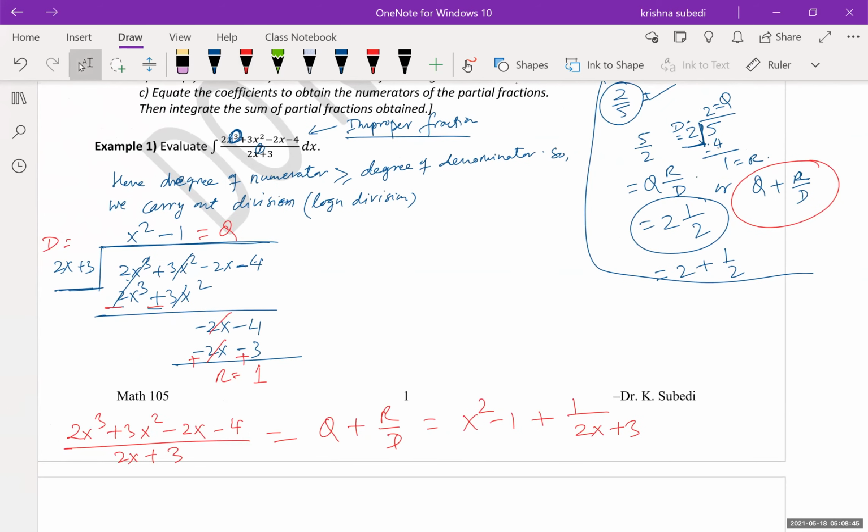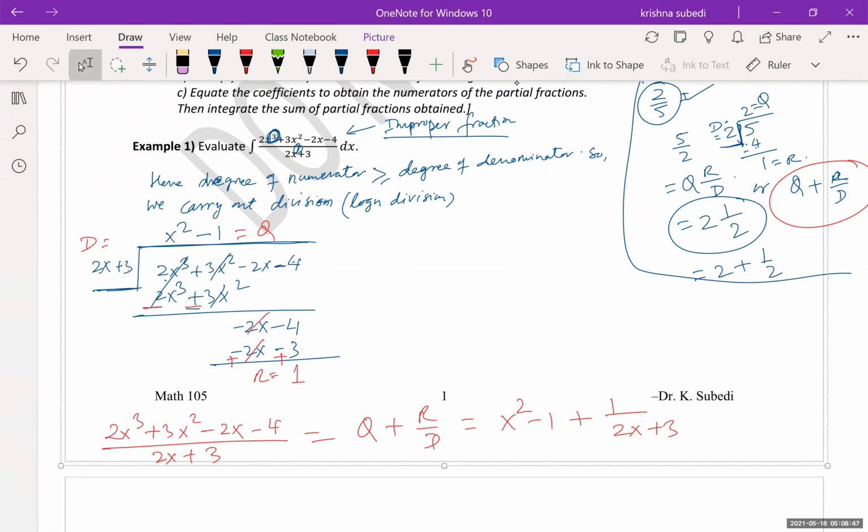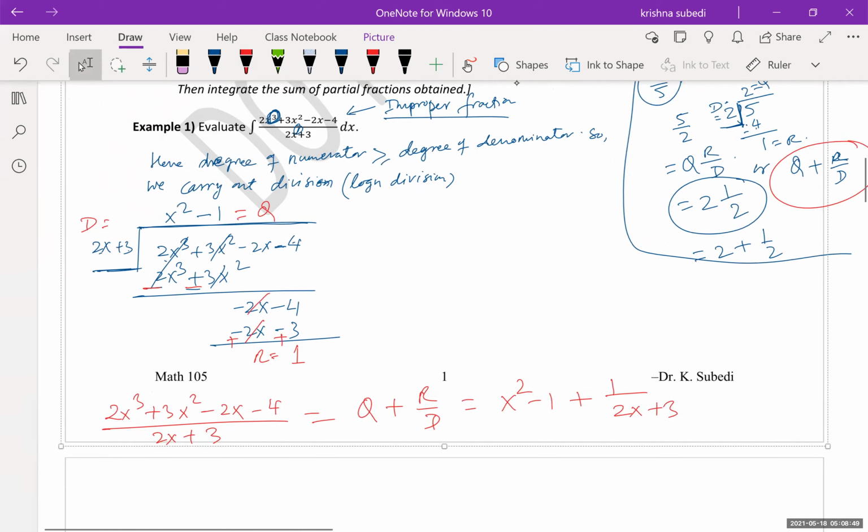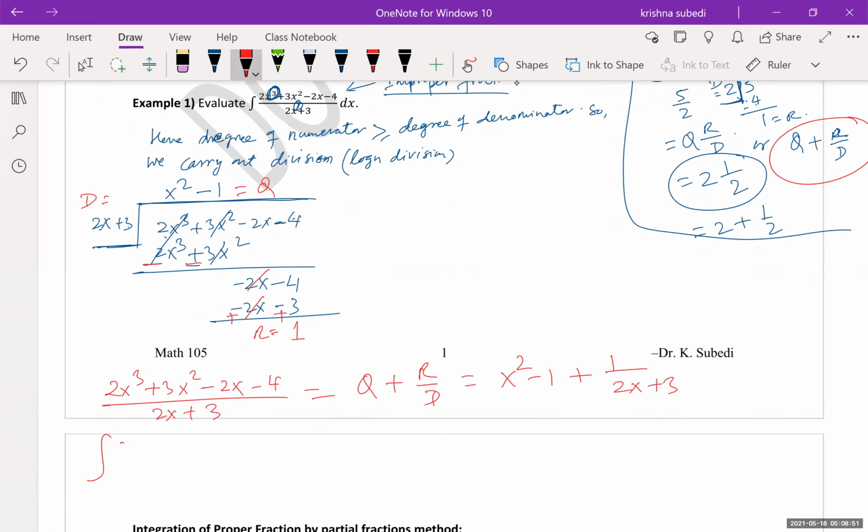Okay, now you see this is so easy. Earlier it was the integration of 2x cubed plus 3x squared minus 2x minus 4 divided by 2x plus 3. It was so difficult to integrate, but now you can integrate so easily.